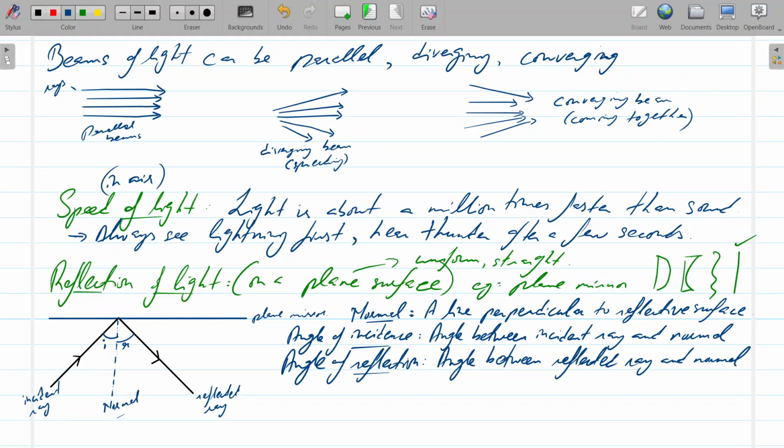These are the things, and then we finally come to the law of reflection. I'll go to a new page for that. It's pretty simple if you've understood everything we've talked about so far.